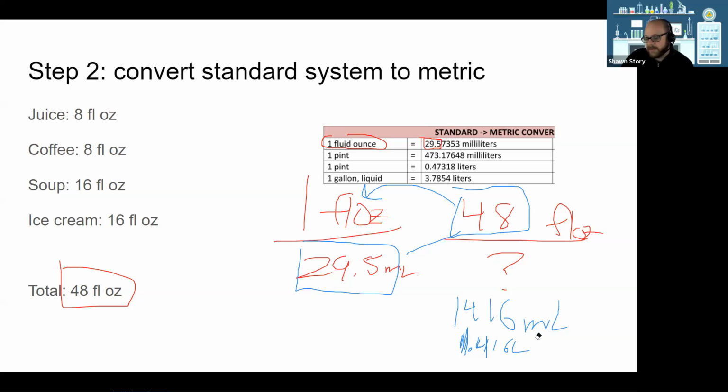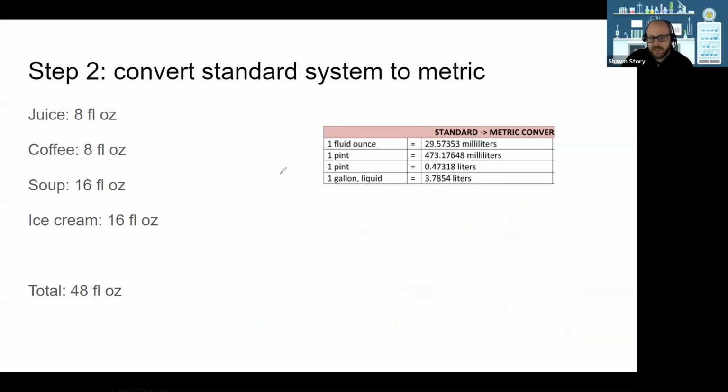So we would put in their chart that their intake was 1,416 milliliters, or about 1.5 liters. You could estimate and just say about 1.5 liters is what they took in.